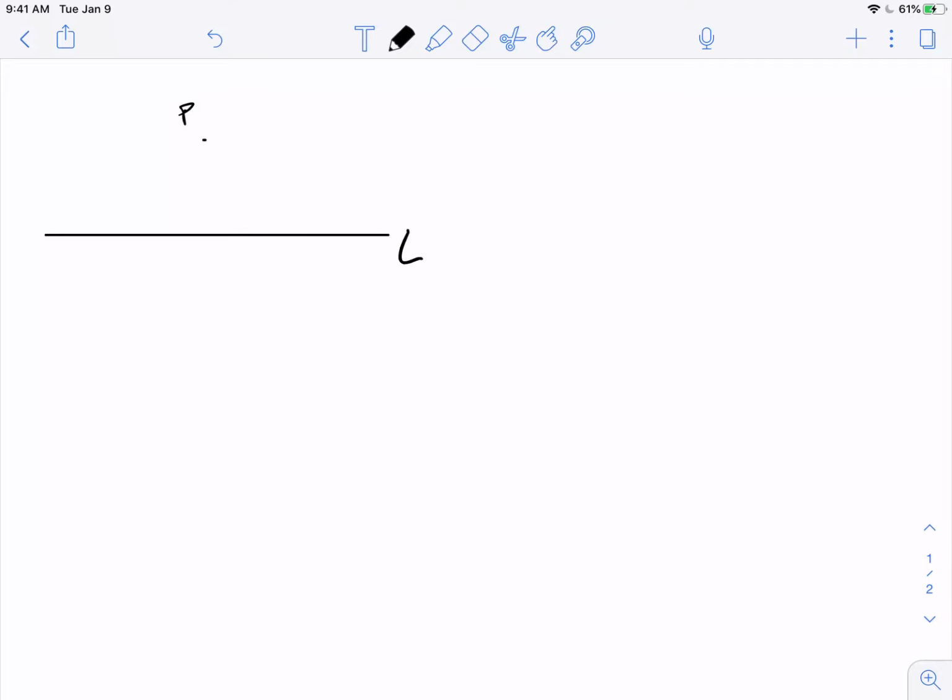But on the sphere, of course, we know this isn't true because something that locally looks parallel is going to eventually bend towards L and it'll eventually hit. So there's no such thing as parallel lines on the sphere.